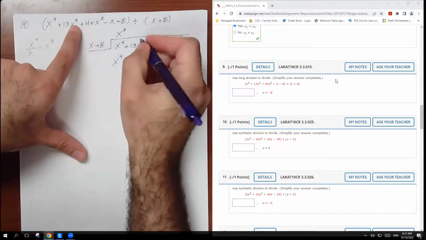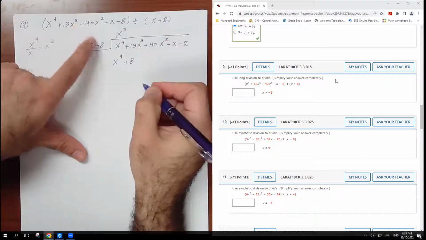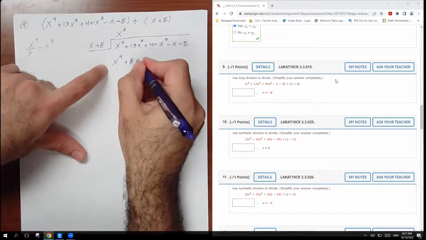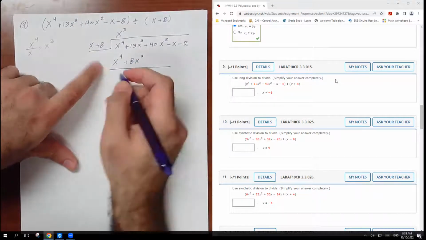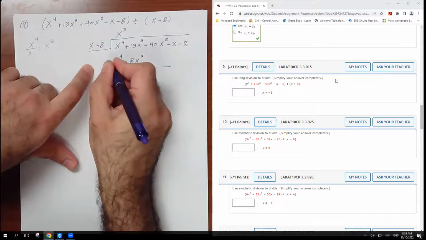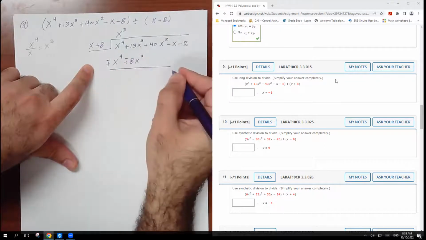Then I'm done with the first step. I'm going to change the signs: this is a plus, it is going to be minus. This is a plus, it is going to be minus.